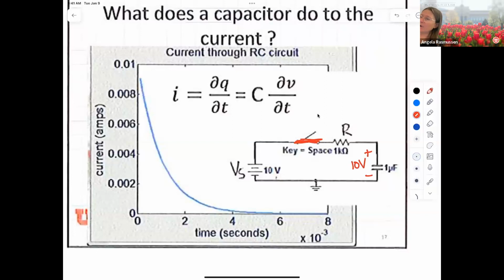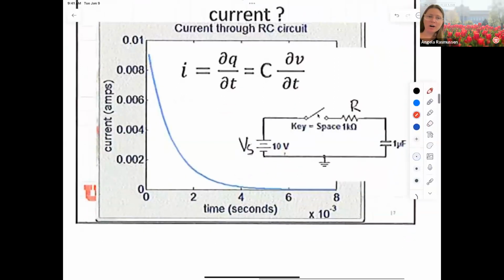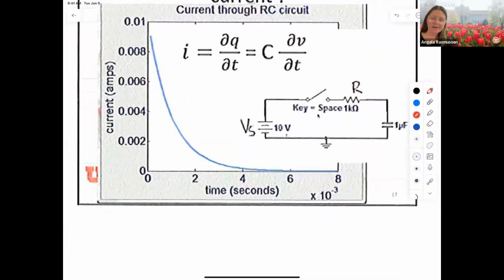And then when I open it, that charge is going to start to dissipate, and so you get this exponential decay. It reaches a point where pretty much 60% has decayed. That's our time constant.